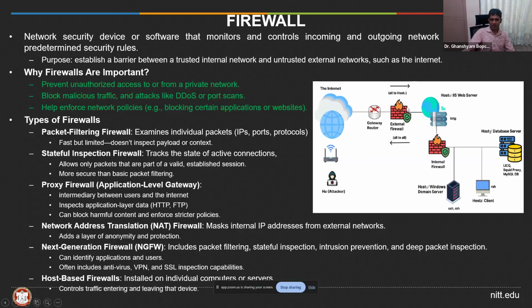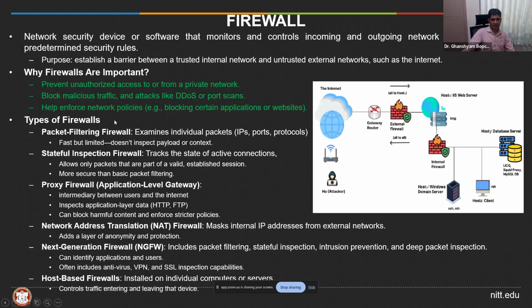But this is not an IDS, not an intrusion detection system. It simply blocks the traffic. If the traffic is as per the access control policies, it will allow it. If not, it will simply deny and block the traffic. So a firewall is like that.